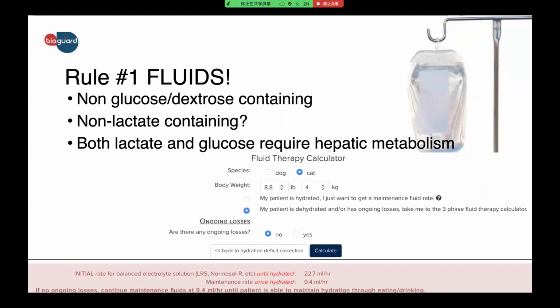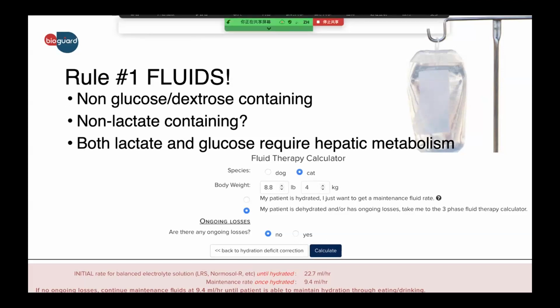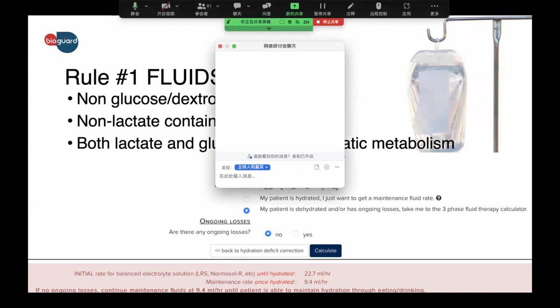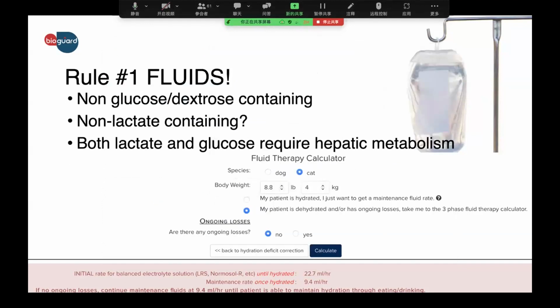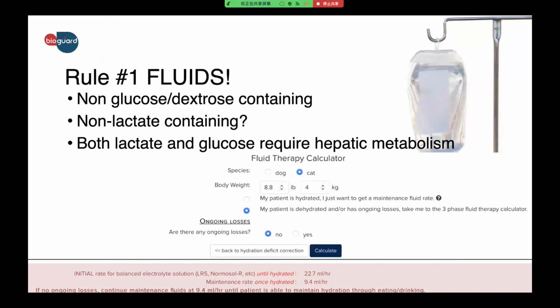First, we cannot use fluid that contains glucose, because glucose metabolism needs the liver to work. At this time, we need the liver to get more rest. If we give too much glucose, it will make the liver do more work.